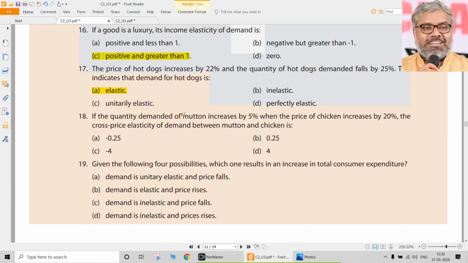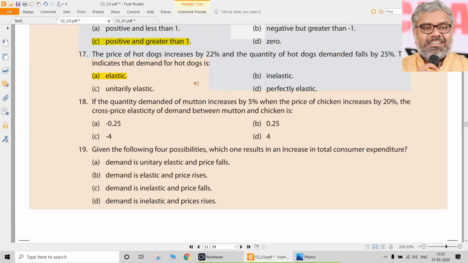It is not unitary elastic, it is not perfectly elastic. It is only elastic. Unitary elastic means both should be equal: a 22% increase in price means demand should also fall by 22% only. But that is not the case. Here the elasticity of demand is more than 1, which means the product is elastic. Answer is A for question number 17.